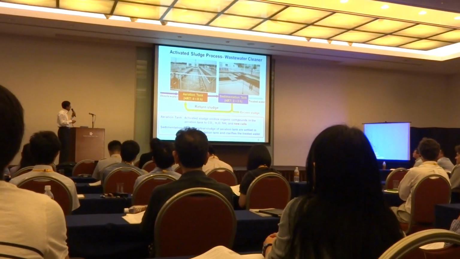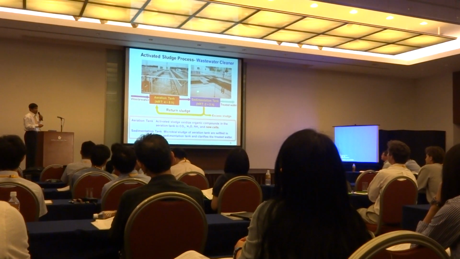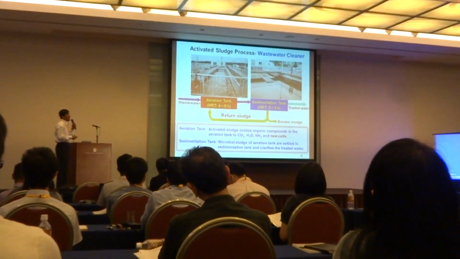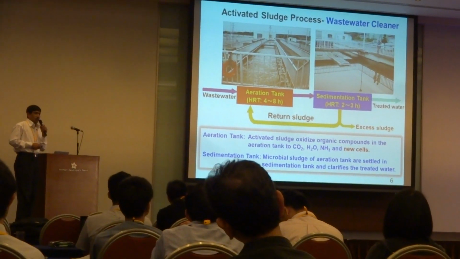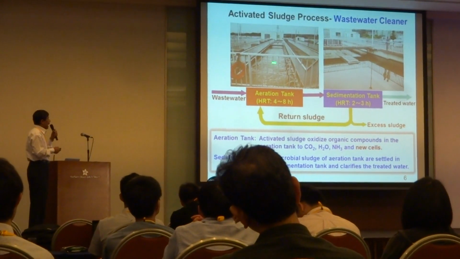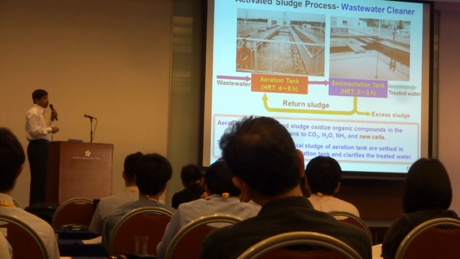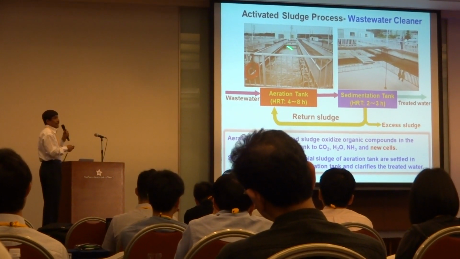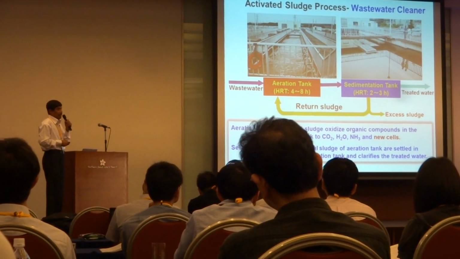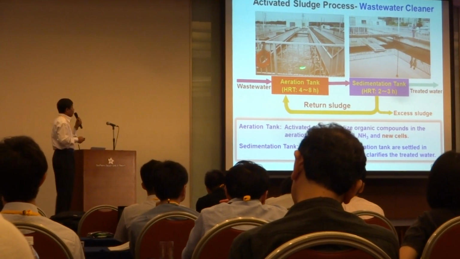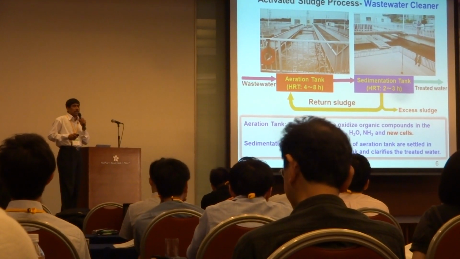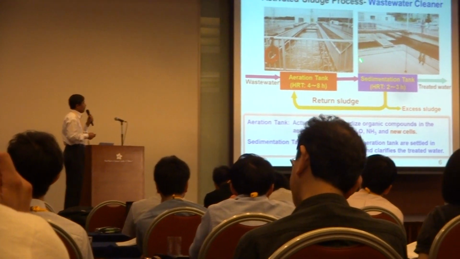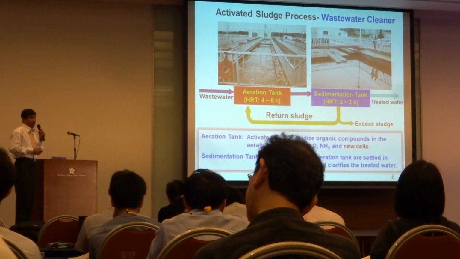So this is the diagram of the activated sludge process. We call the activated sludge process the wastewater cleaner. This is the main tank, where the activated mass of microorganisms work as laborers. After consuming the organic compounds present in the wastewater, the sludge needs separation in the sedimentation tank.